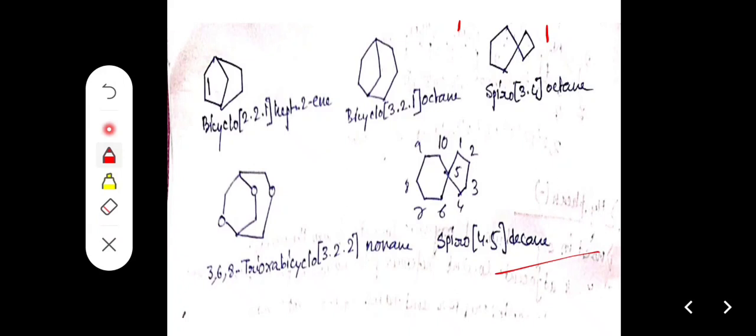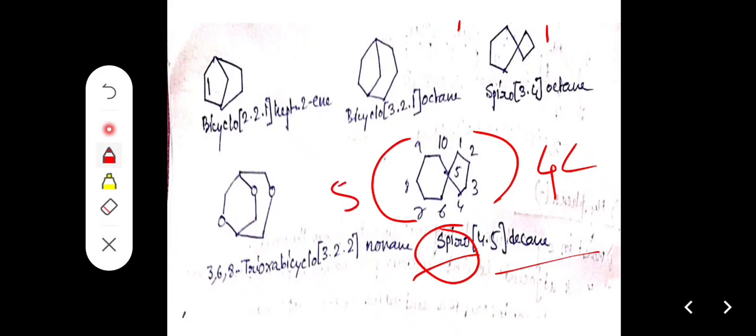So the compound is overall spiro, and as we know there must be 4 carbon atoms present and 5 carbon atoms present. So we have to consider in the bracket the opposite of a bicyclo compound, that is first 4, then a point, then 5.